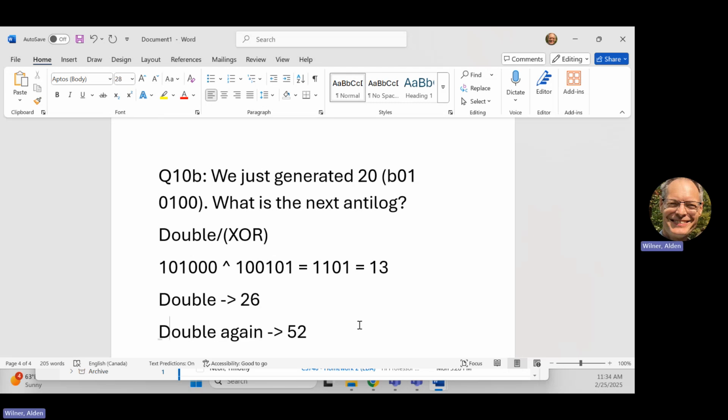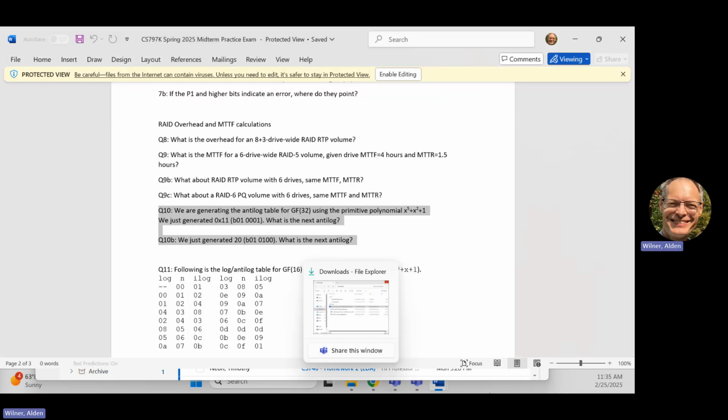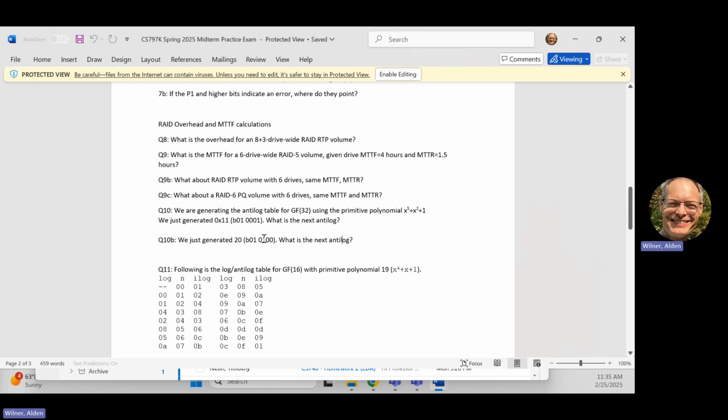So this is 110100 XOR again with 100101, right? And we get another number, we bring ourselves back into the field. So it's just this constant building the table. Straightforward, not difficult.